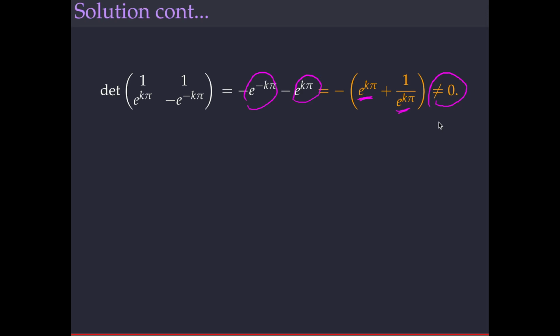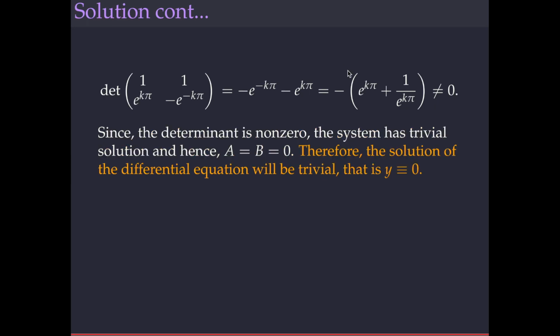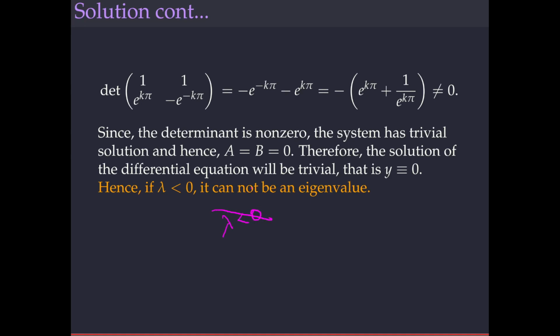Therefore the determinant is non-zero, hence the solution is trivial only, and a equals b equals 0. But a equals b equals 0 means y equals 0, and therefore lambda less than 0 cannot be an eigenvalue. So lambda less than 0 is not possible.